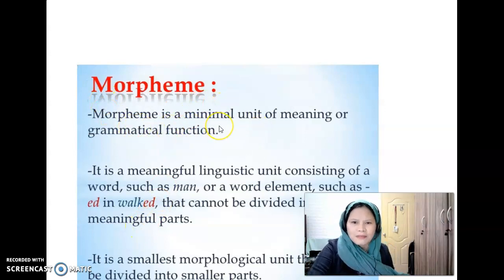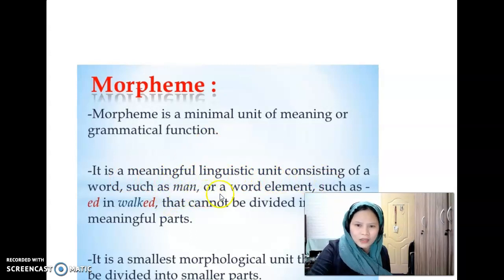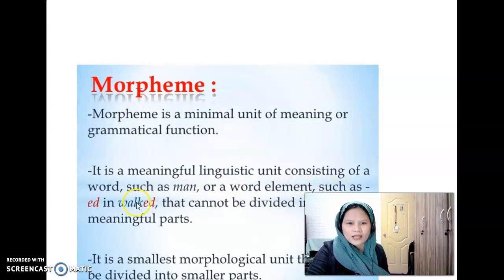So a morpheme is the minimal unit of meaning or grammatical function. It is a meaningful linguistic unit consisting of a word such as man, or a word element such as ed in the word walked, that cannot be divided into smaller meaningful parts.